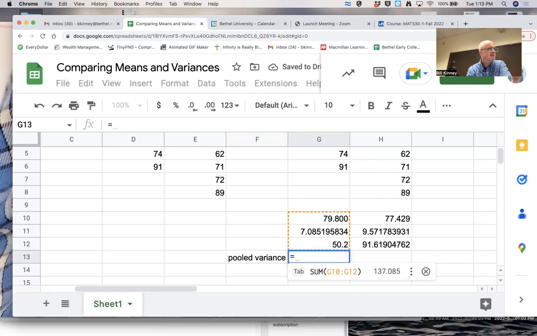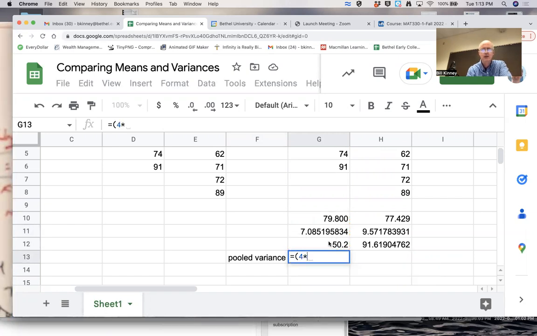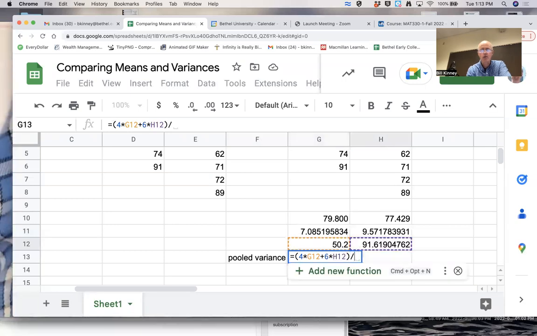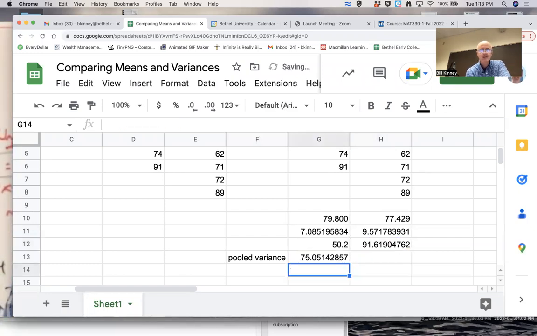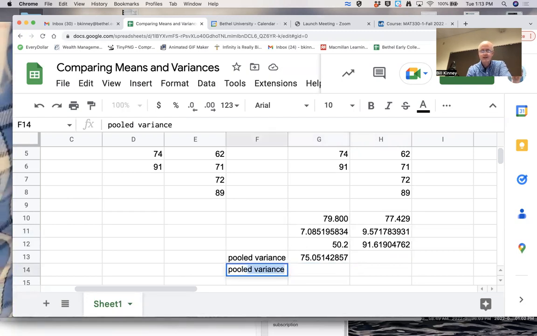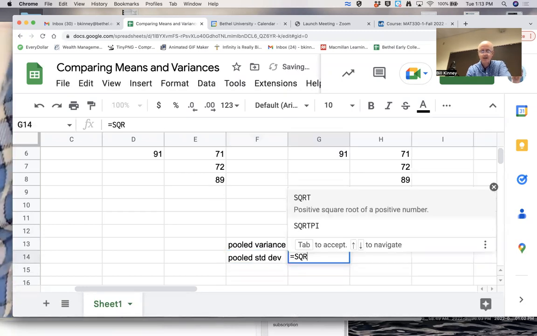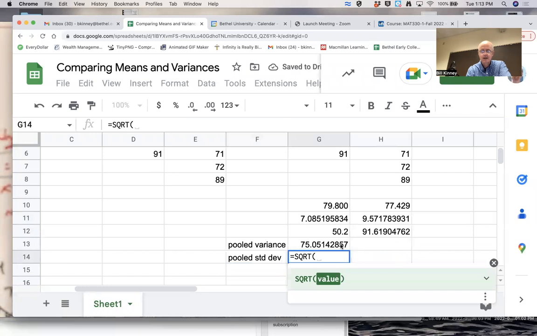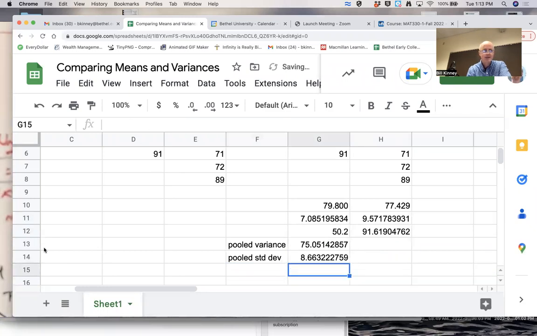N1 minus 1, 4 times S1 squared, plus N2 minus 1, 6 times S2 squared, all over N1 plus N2 minus 2, 10. 5 plus 7 minus 2. Pooled variance 75.05. Pooled standard deviation then would be the square root of that. 8.663.